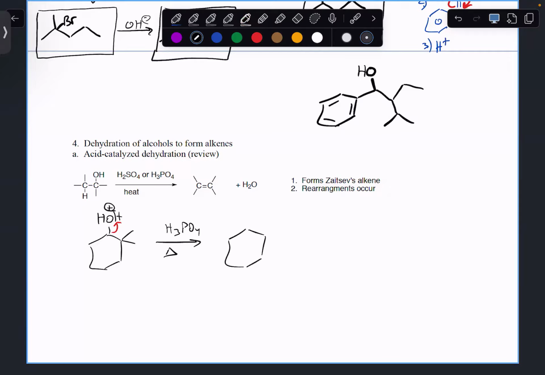What do you think happens from here? Yeah, if this were to do a methyl shift, we'd get a better carbocation, right?